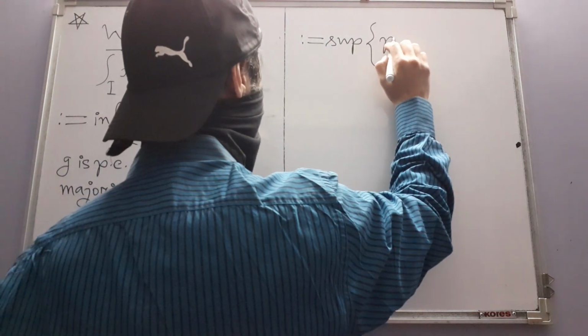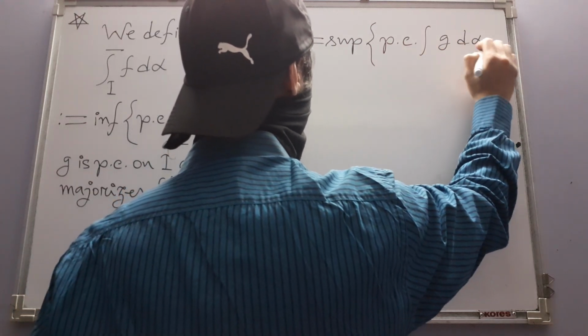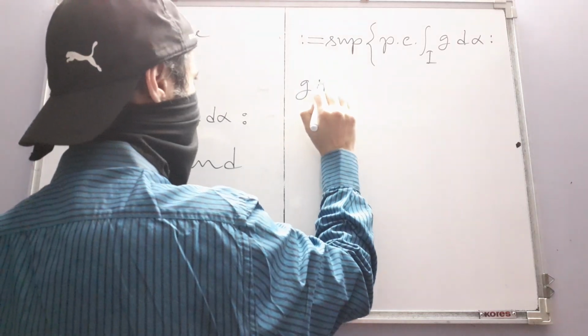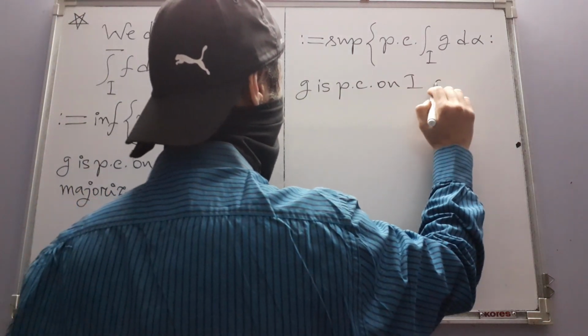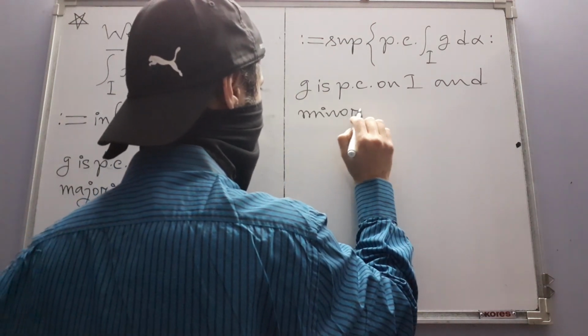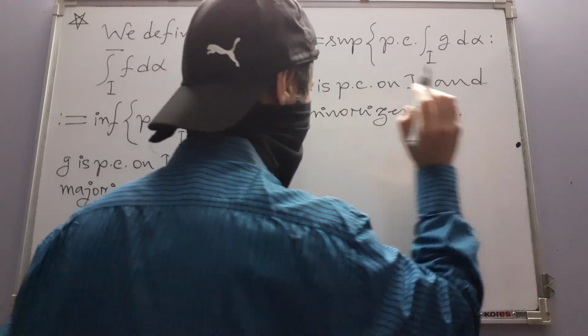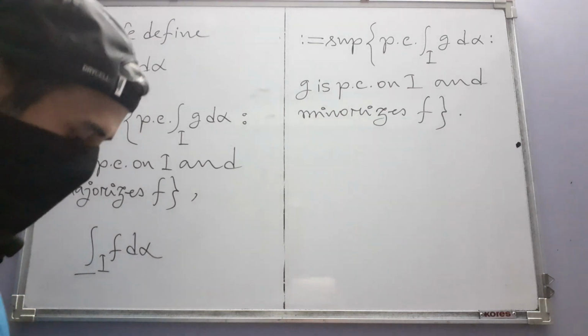It is the supremum of again some PC integrals, but this time G is PC on I and minorizes f on I. Okay, so exactly similar to what we previously had.